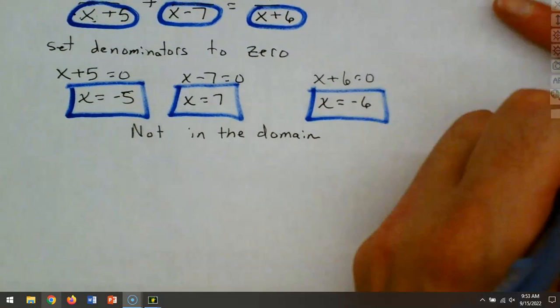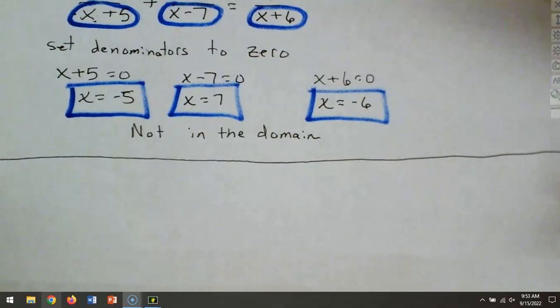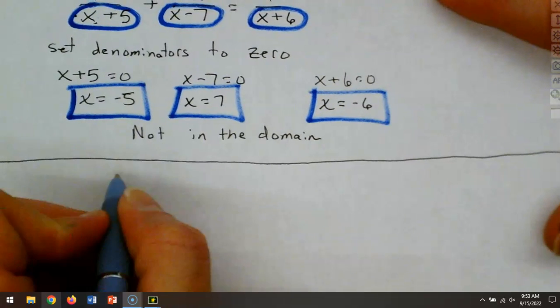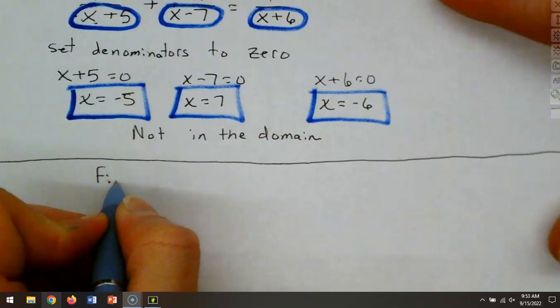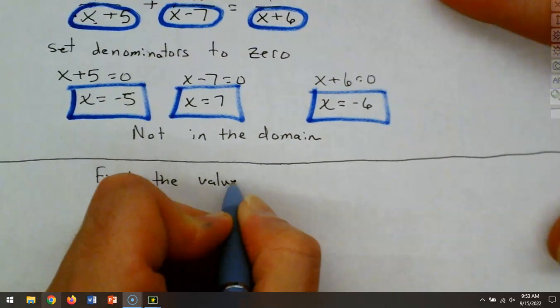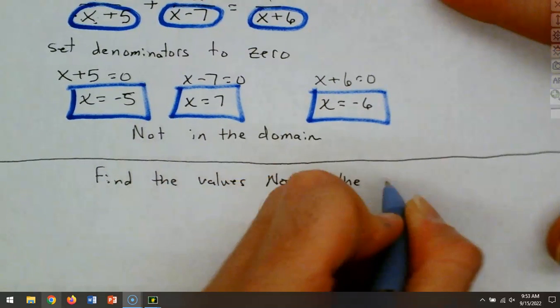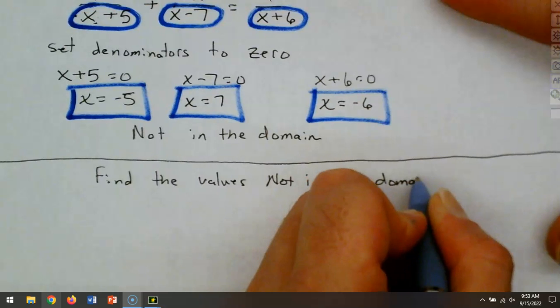Let's look at one more, and then we're going to learn how to solve these. We're going to find the values again that are not in the domain, not possible solutions. And you may have to factor.